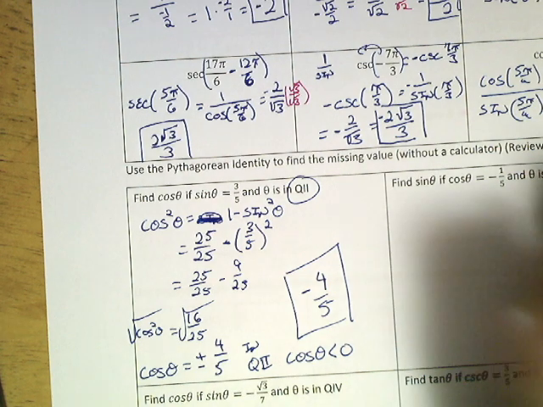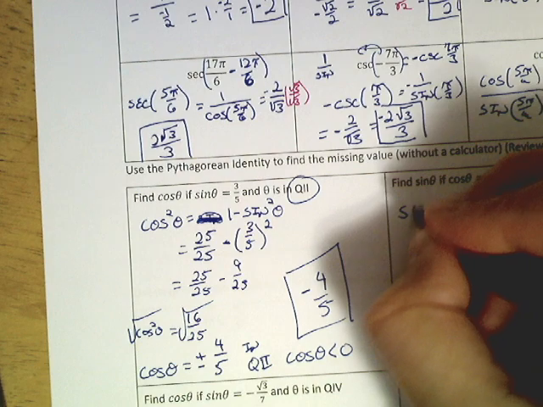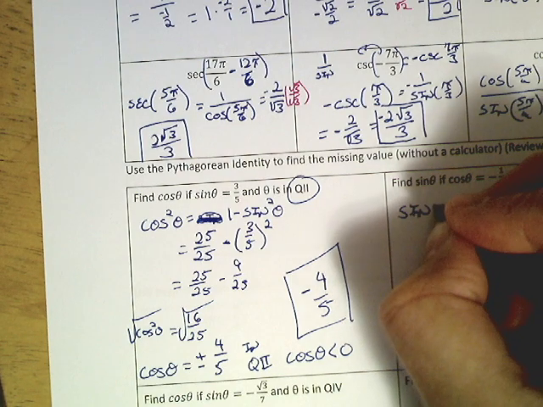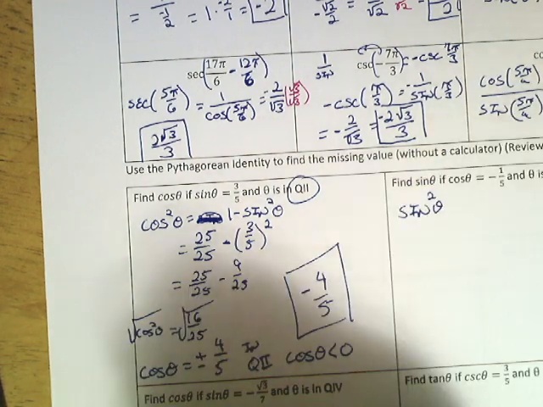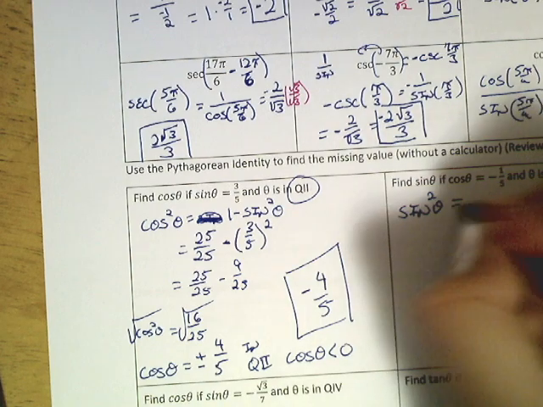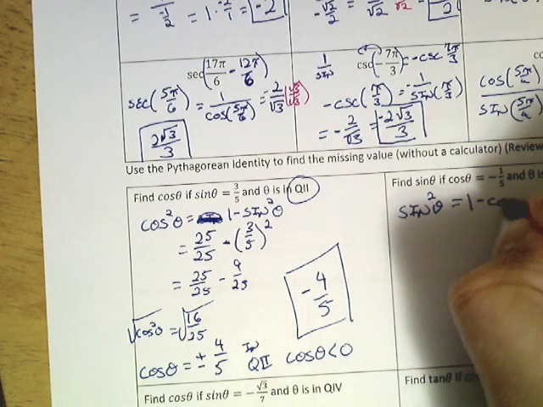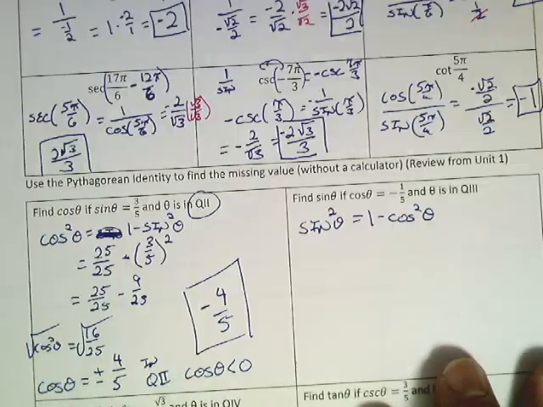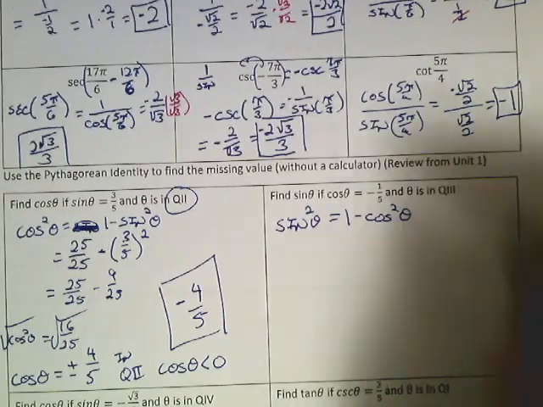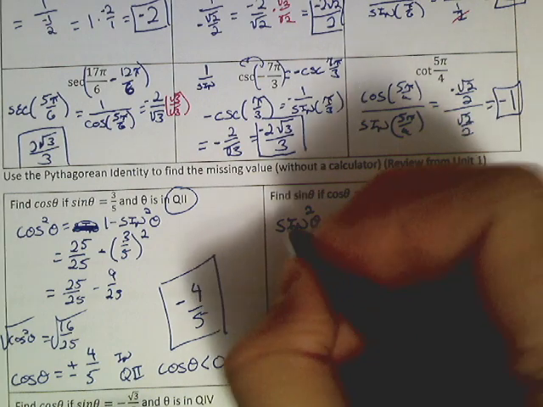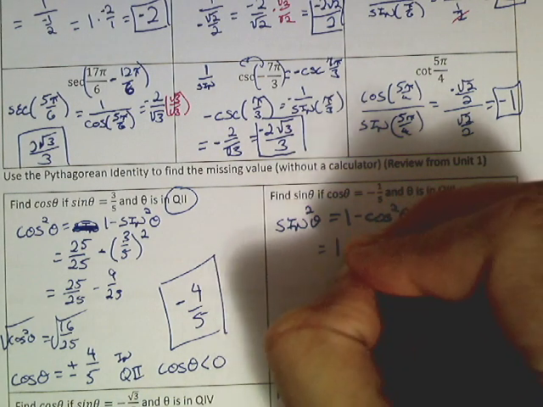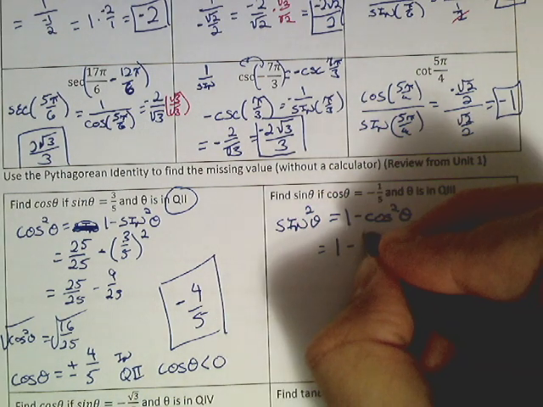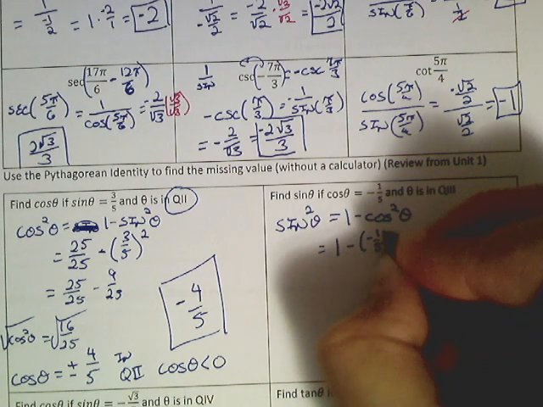Now we're going to find sine squared. So we know sine squared theta is equal to 1 minus cosine squared theta, Pythagorean identity, one of the most important things out there, especially for this class. So that would be equal to 1 minus a negative 1/5 squared.